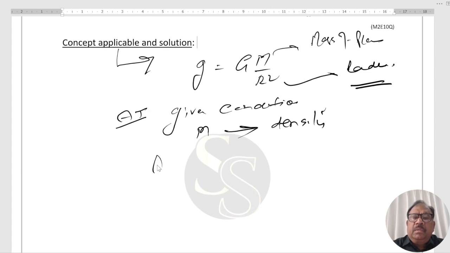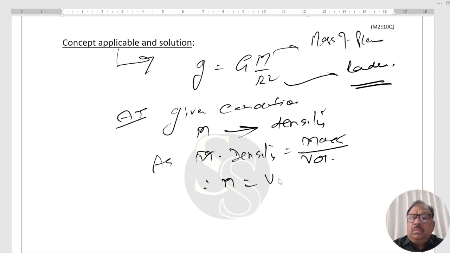Now, density equal to mass upon volume. Therefore, mass M will equal volume into density. Considering a sphere, volume is 4 by 3 pi R cube, into density d.